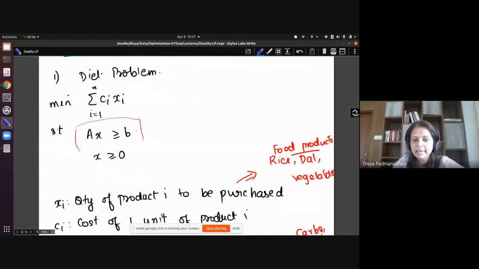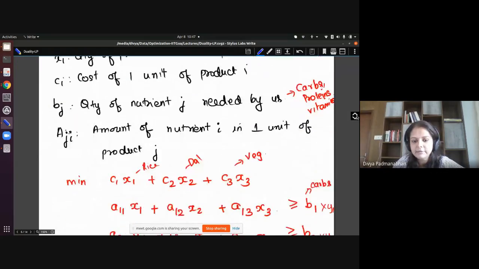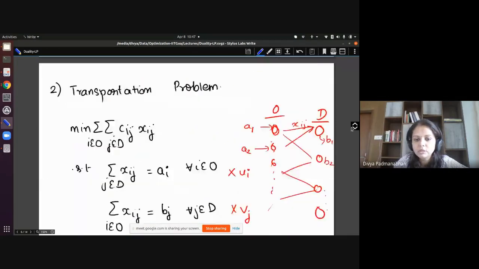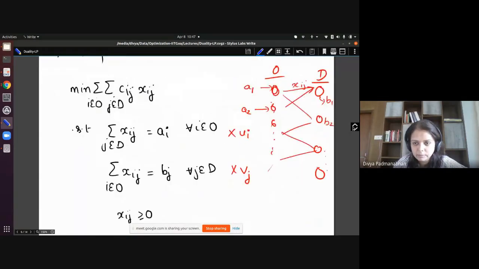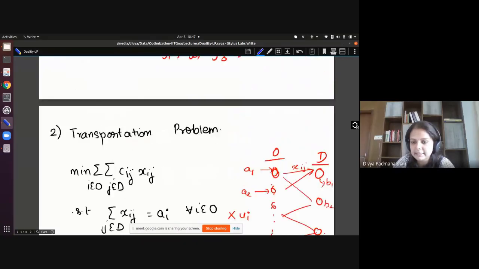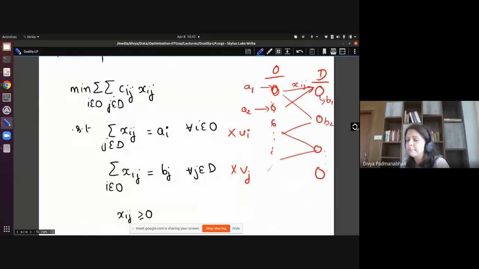And then we saw this diet problem, and an interpretation for the diet problem, and we were doing this transportation example, and that's where we stopped in the previous class. So this transportation example, if you recall, is where there's a company, maybe something like MTR, or some manufacturing company, and they have different origins.